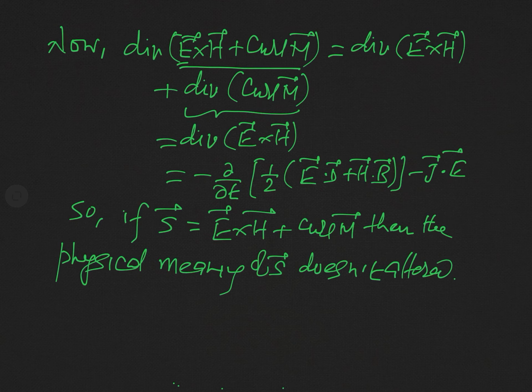And this is the reason that we say that the definition of S as E cross H is not mandatory. We may define it as E cross H plus curl M. Although this additional term, which is curl M, has no physical consequences. So for simplicity we define S as simply E cross H. We never write S equal to E cross H plus curl M. But remember, if we define this S as E cross H plus curl M, the physical meaning will not change.